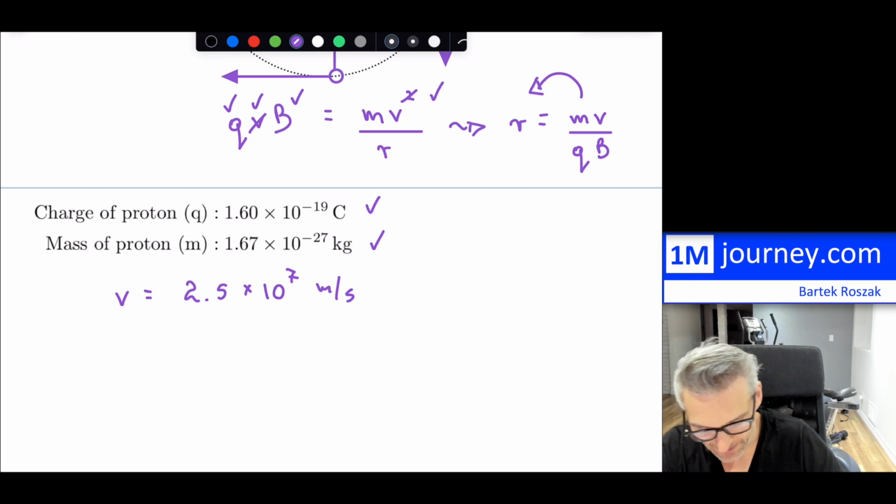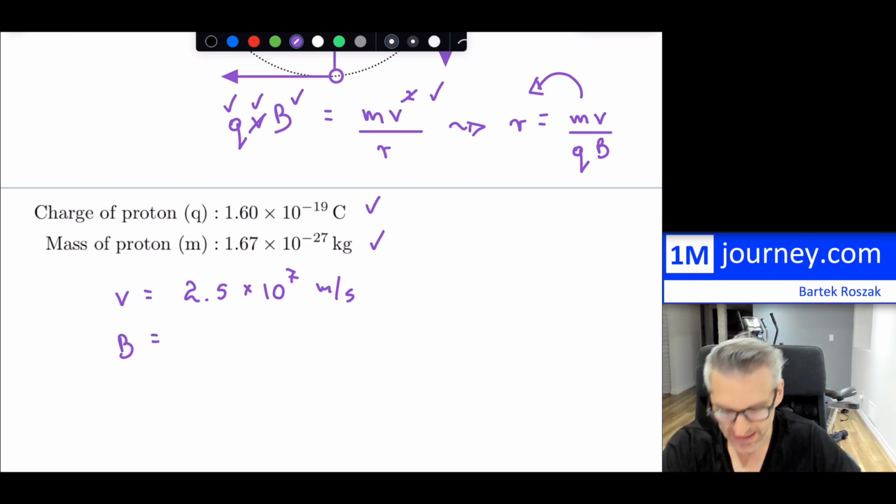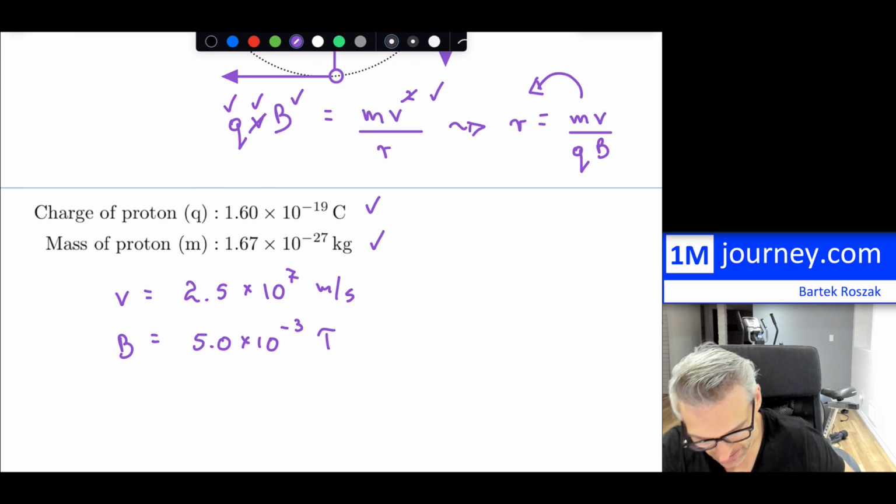And then the magnetic field is equal to 5 times 10 to the -3 Tesla.